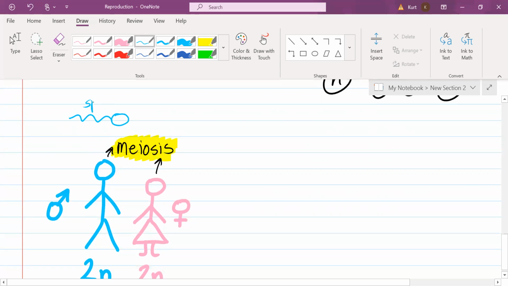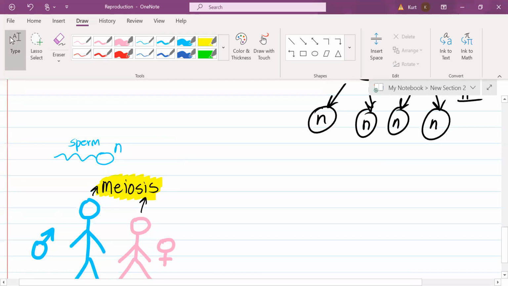These sperm cells are haploid. Remember that all cells that are products of meiosis are haploid. So there's N. That means if this is a man and it's a human, he has 46 chromosomes in every cell, but the sperm is only 23. And then the female is going to produce an egg cell.